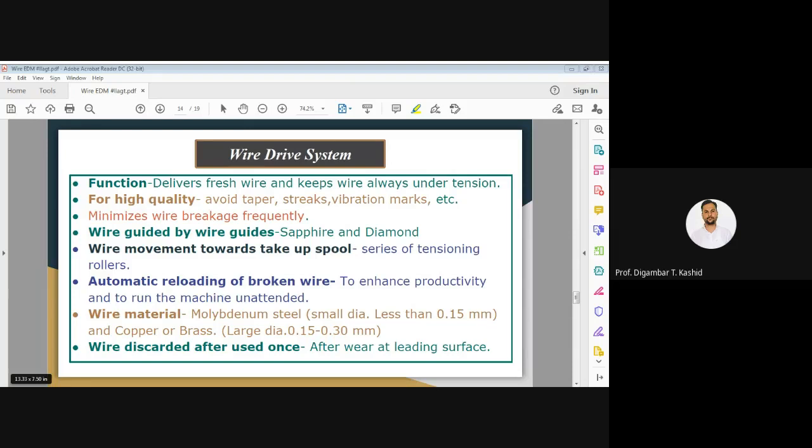And the wire is discarded after use. After wear at the leading surface due to sparking, you have to discard that used wire.